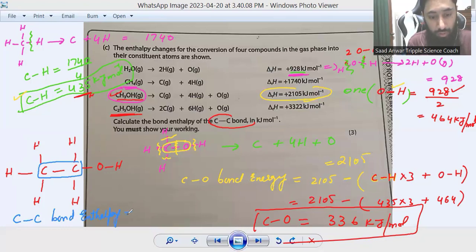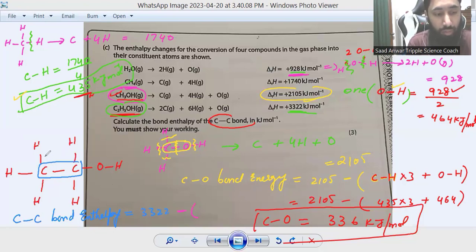It would be equal to the total energy to break all the bonds of ethyl alcohol, 3232, minus the others.